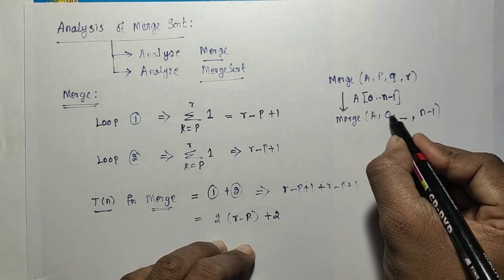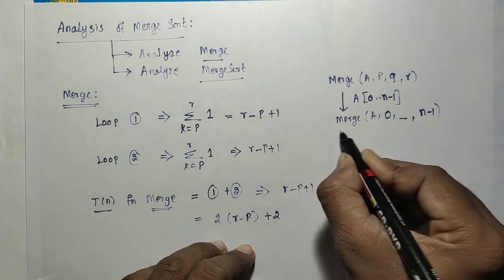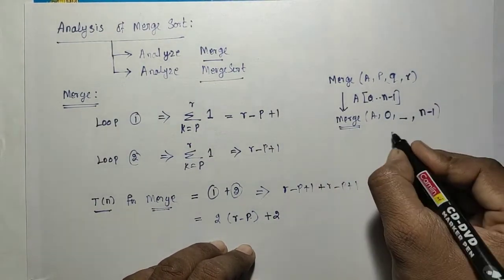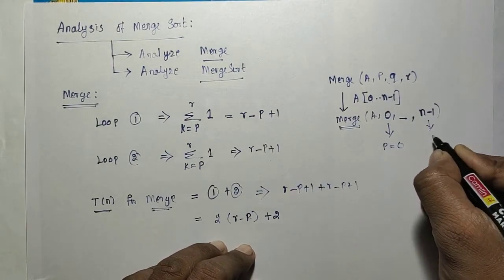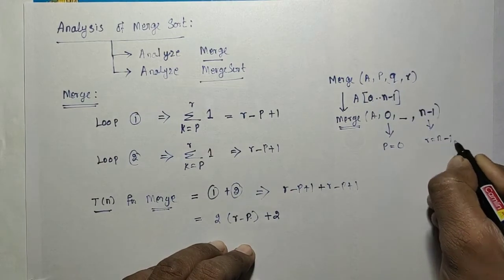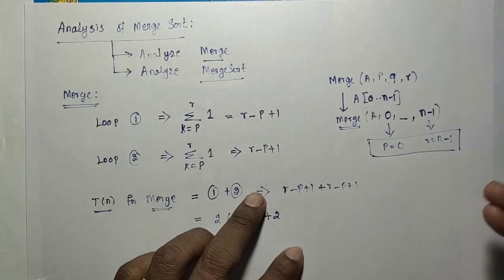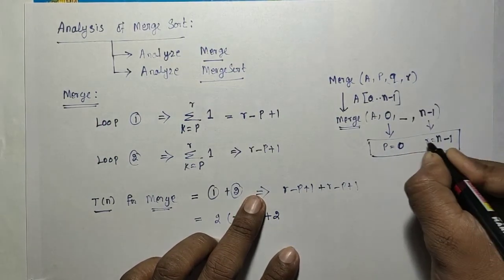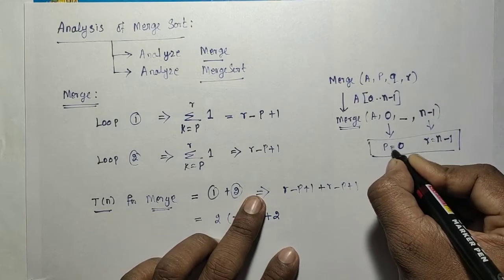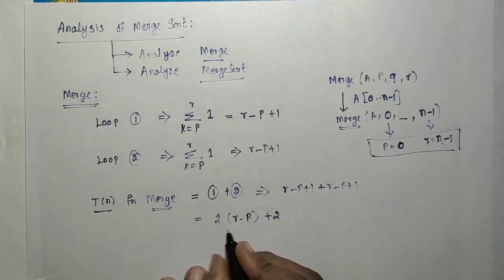In the worst case, if all the elements in the array are involved in the merge algorithm, p equals 0 and r equals n minus 1, so I have to substitute here. The starting index will be 0 and the last index will be n minus 1, so just apply it here.